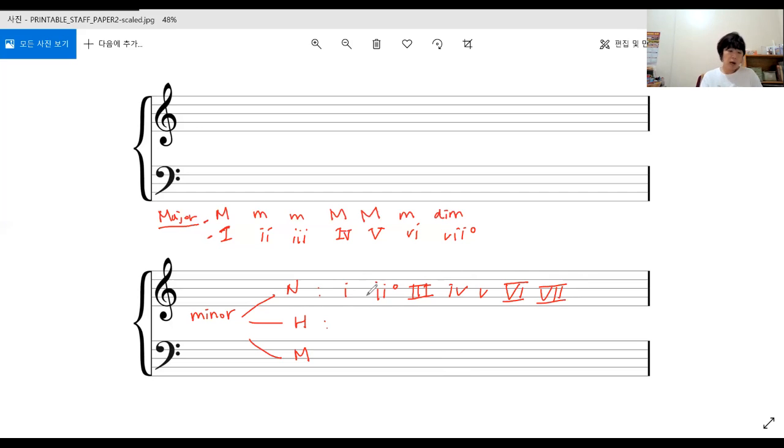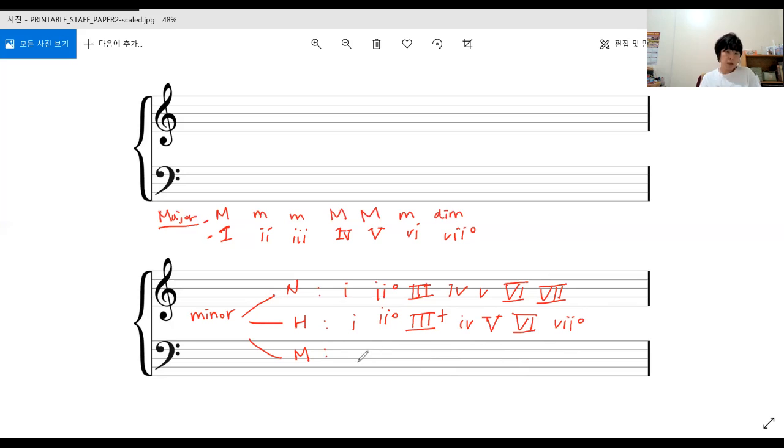That was natural minor scale. But harmonic, the first one is minor, second was diminished, and then third one is augmented, right? And then fourth minor, fifth is major, sixth is major, seventh was diminished.